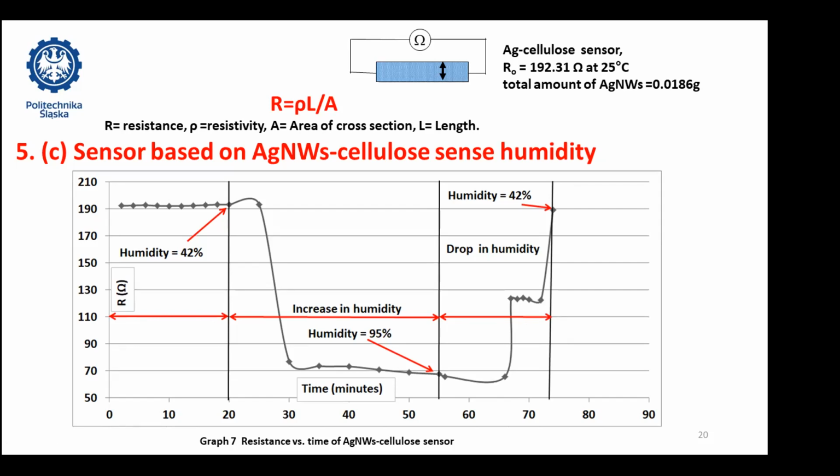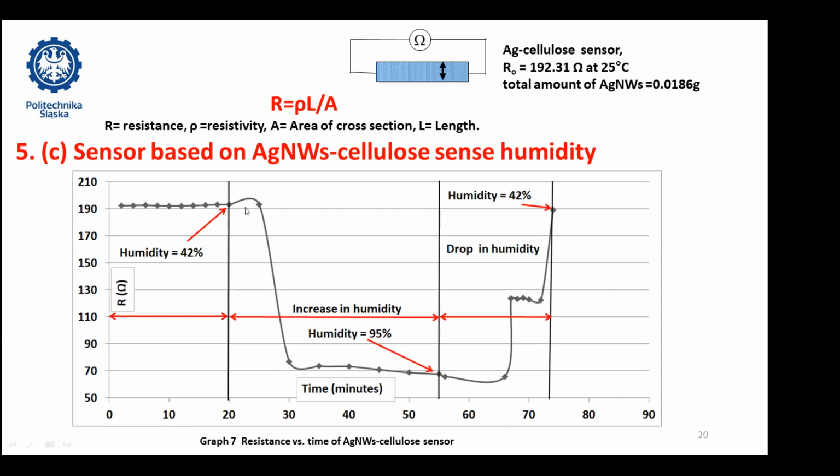We use specialized equipment to measure this humidity in the chamber, I mean the initial value. As you can see, there is no increase in resistance, as there is a horizontal line. After 20 minutes, we initially increased the amount of humidity.